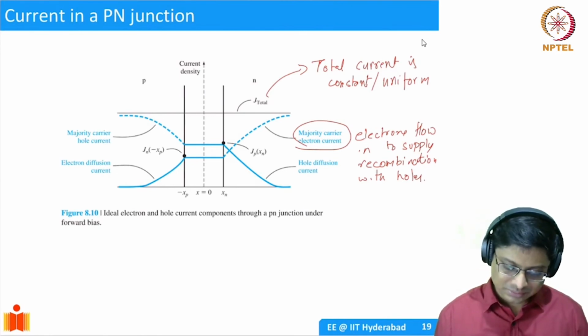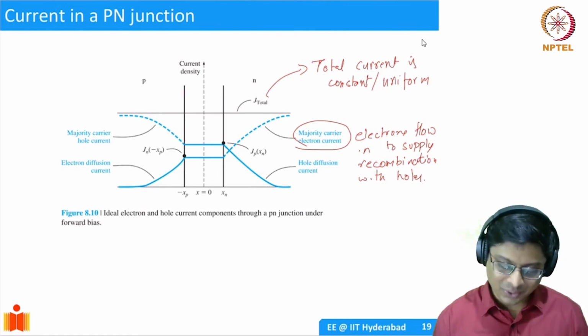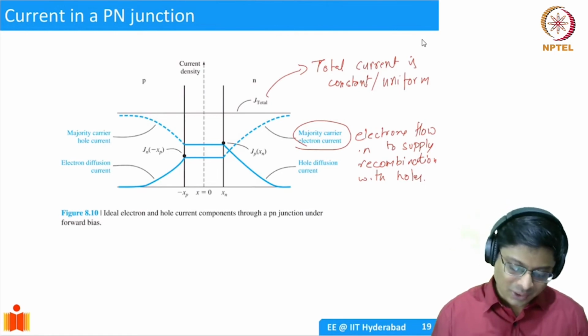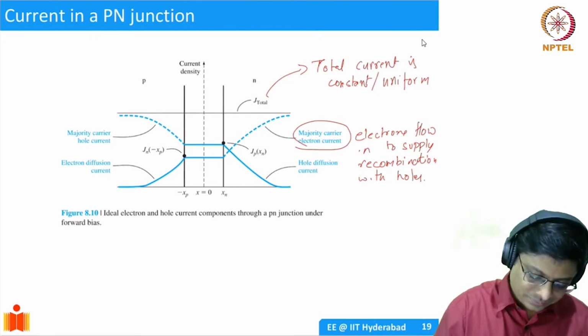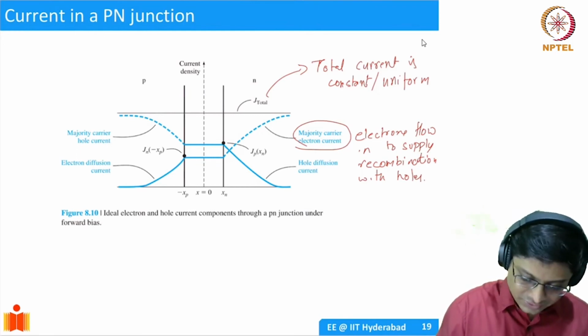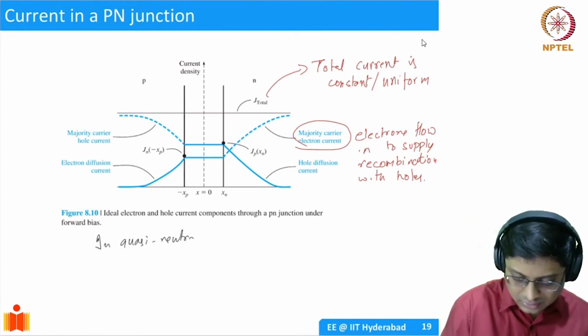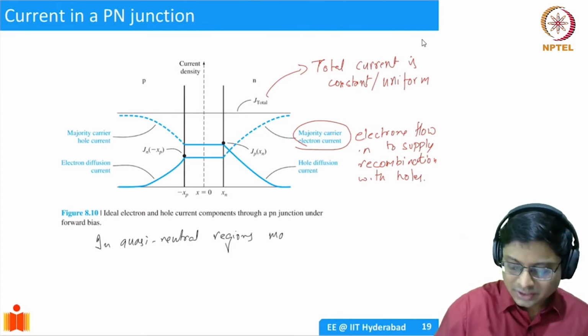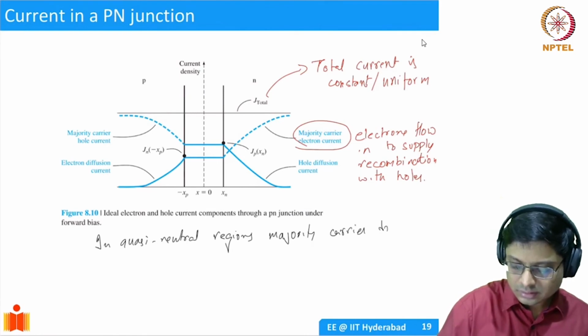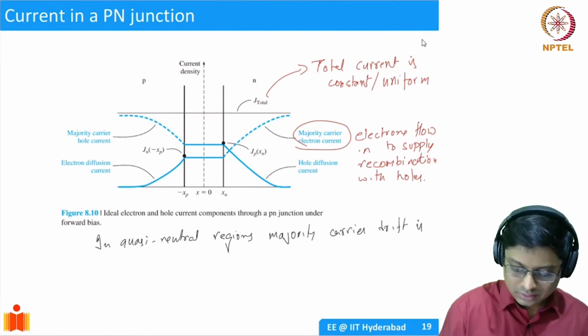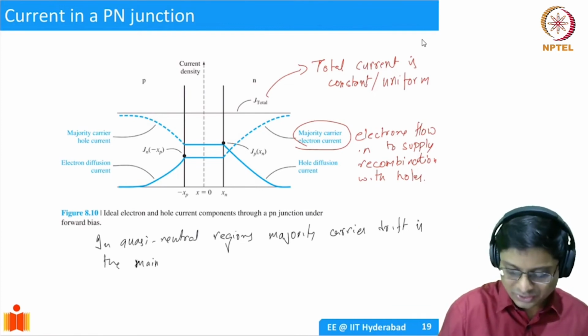Let us try to answer one more puzzle. I'm not sure if you have thought about it. So what I'm saying is here, in the quasi-neutral regions, majority carrier drift is a main contribution, or main or only contribution actually.